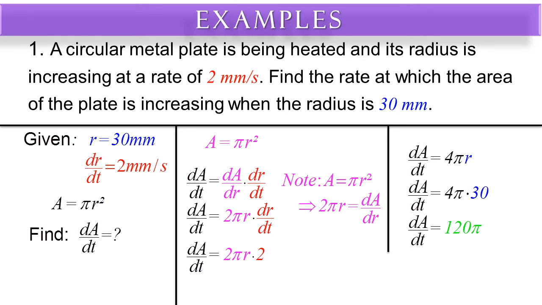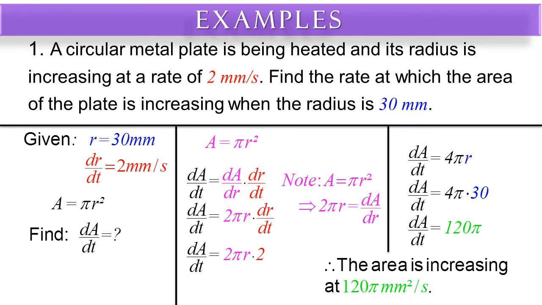We have r equal to 30 millimeters. Then we have 4 pi times 30, and we have a final answer of 120 pi. Therefore, the area is increasing at 120 pi square millimeters per second.